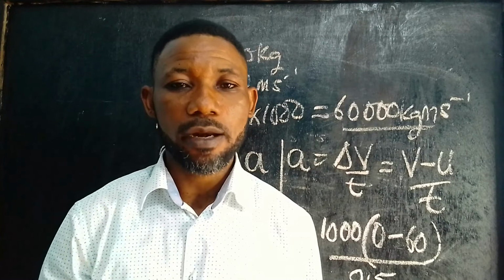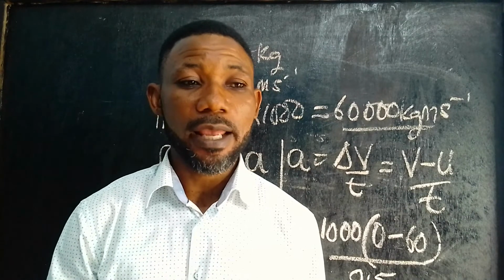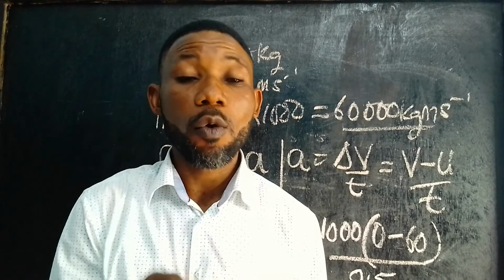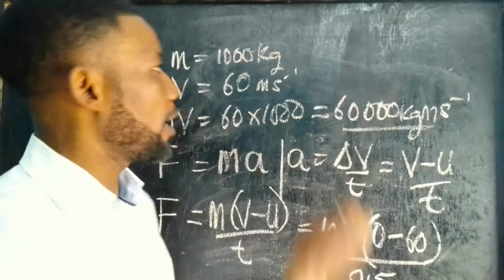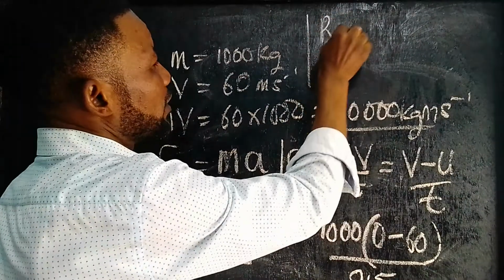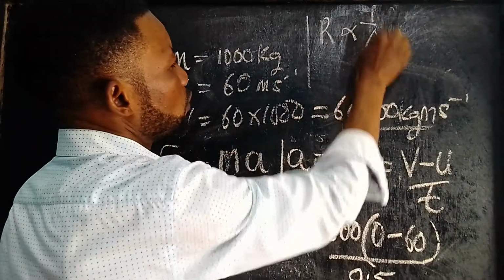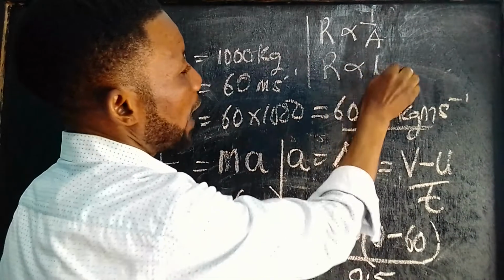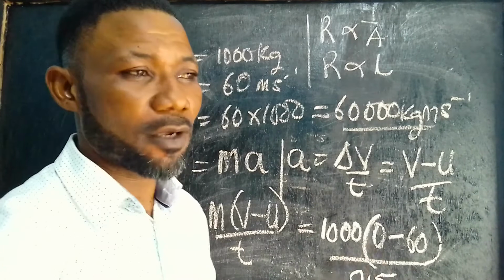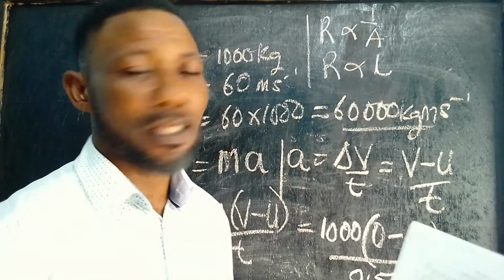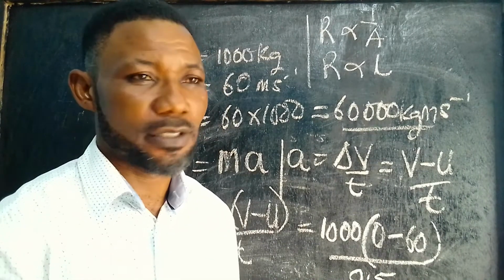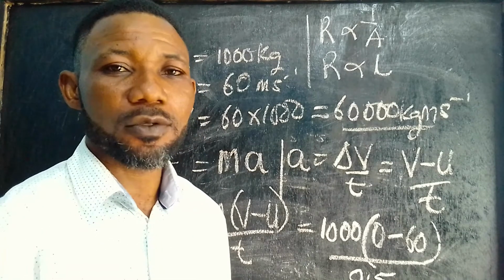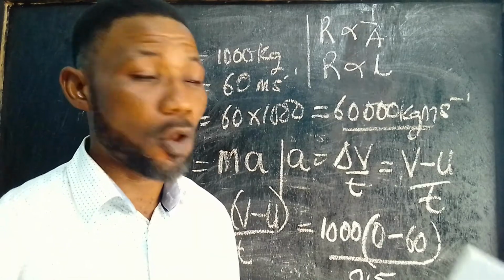The thicker the conductor, the lower the resistance, so the cross-sectional area is inversely proportional to the resistance. For the length, the longer the conductor, the higher the resistance. So thick conductors conduct better than thin conductors, and short conductors conduct better than long ones.